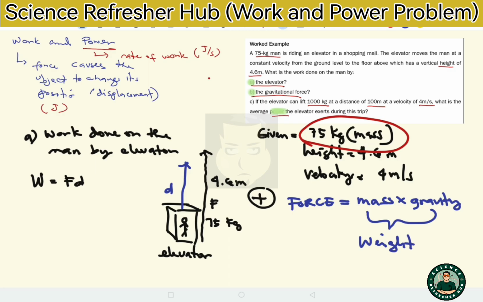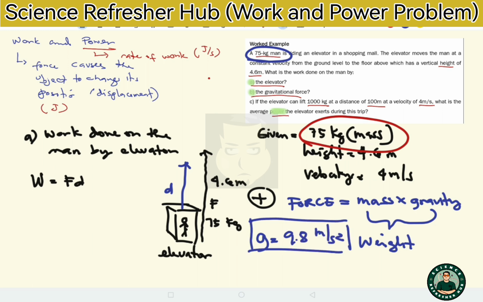So force is equivalent to weight. You have the mass, it's 75 kilogram, and you know the value of gravity. Gravity is always 9.8 meter per second squared on Earth. We will just multiply that one, and we will get the force.